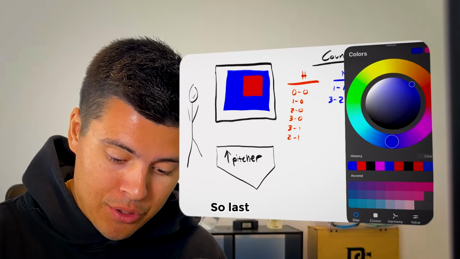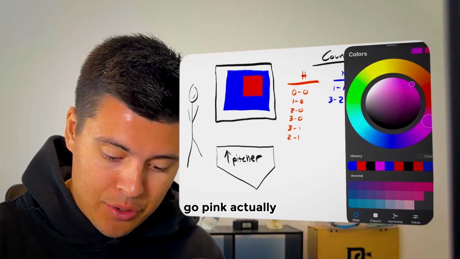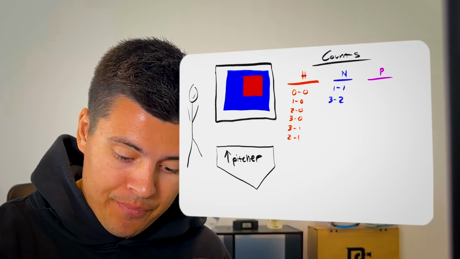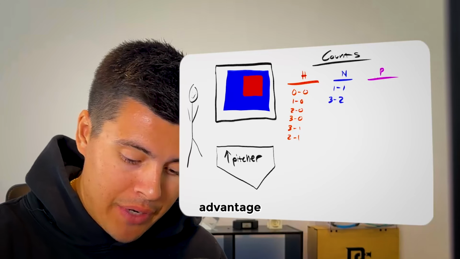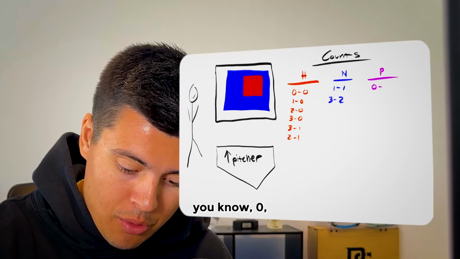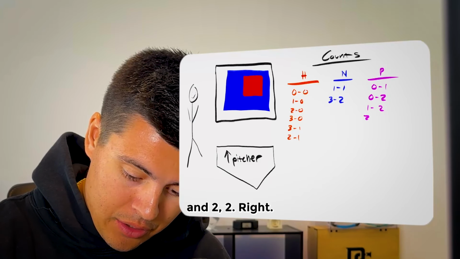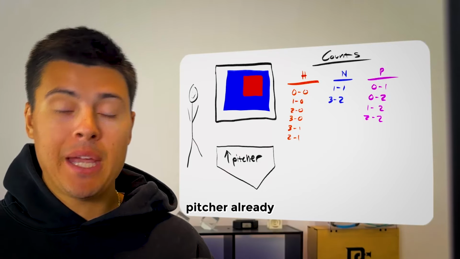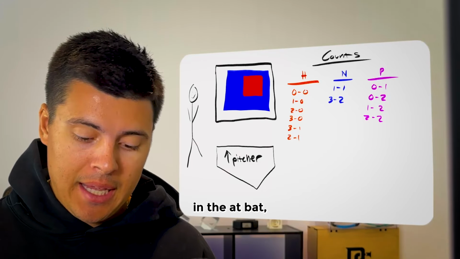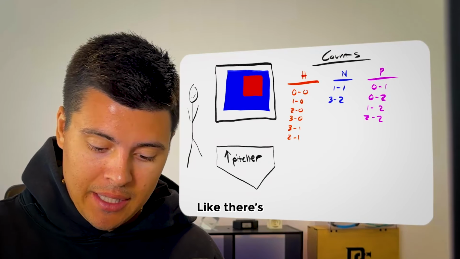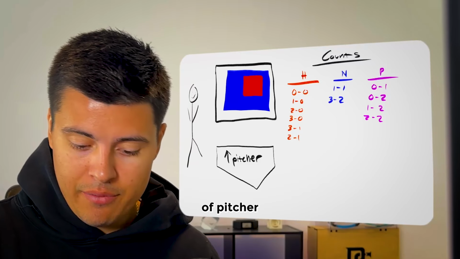So last but not least, let's go pink actually for pitcher advantage counts. Pitcher advantage counts are really 0-1, 0-2, 1-2, and 2-2, right? These are when the pitcher already starts to have the momentum in the at-bat. In my opinion, there's 2 sections of pitcher advantage counts.